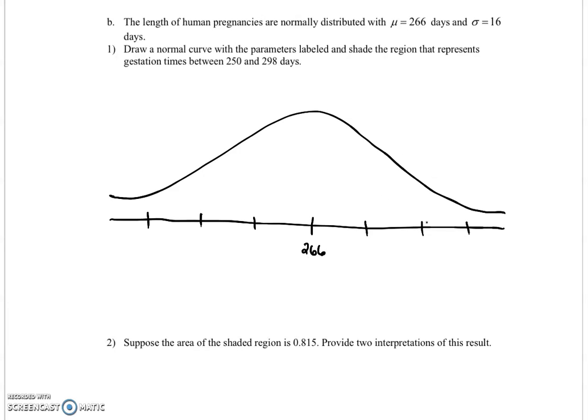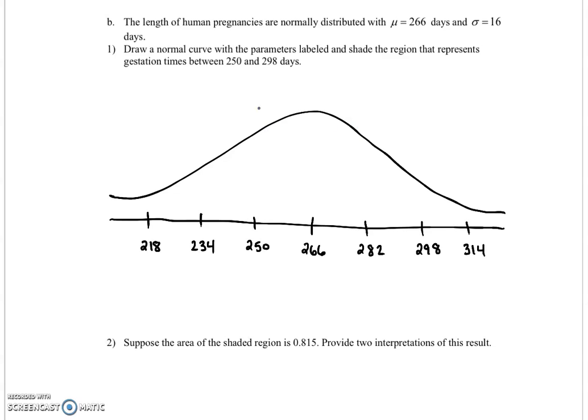So that gives us, going to the right, 282, 298, and 314. Going to the left, it gives us 250, 234, and 218. So remember, just add 16 to go to the right and keep subtracting 16 to go to the left from the mean.